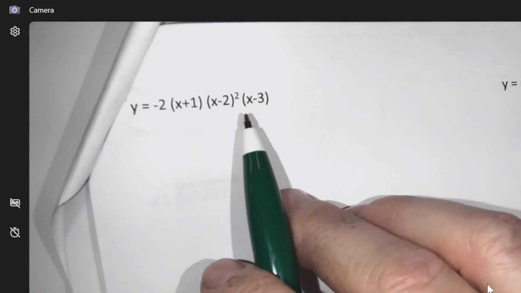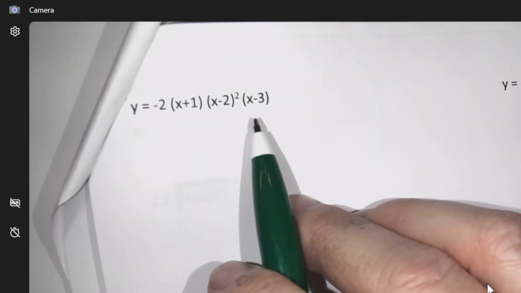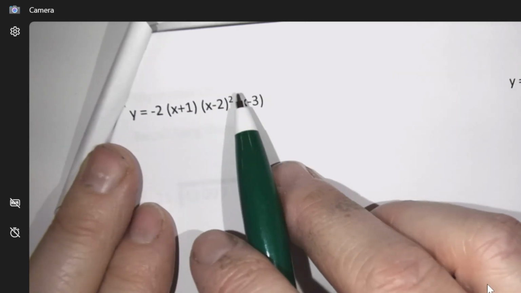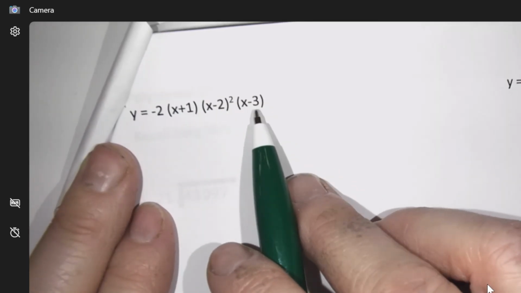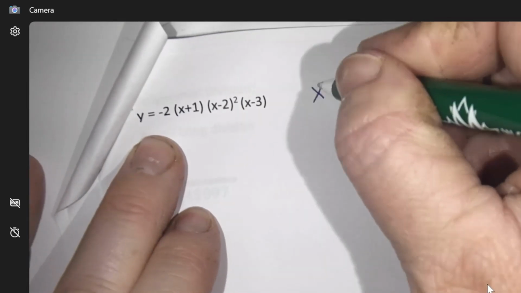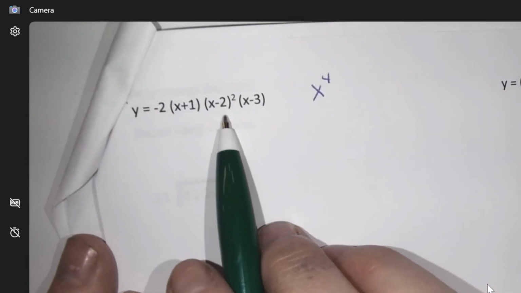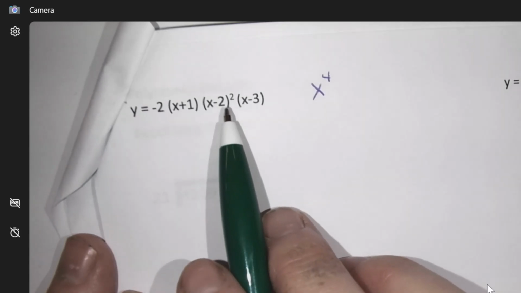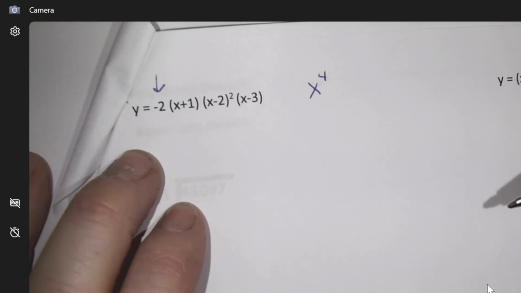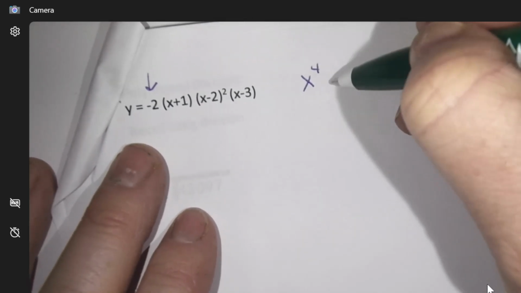Okay, how many x's get multiplied here? 1, 2, 3, 4. Okay, do you see that? Because this is a squared. 1, 2, 3, 4. And this time there's a negative 2 in the front. So that means what?